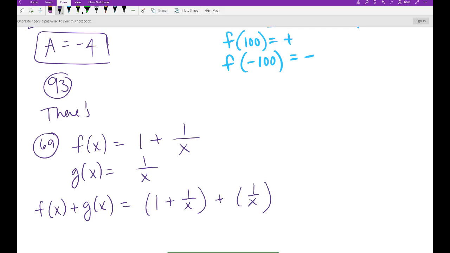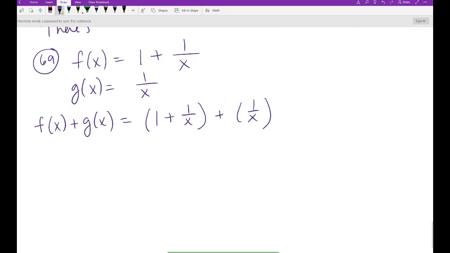Okay, but this has lots and lots of fractions. Would you agree? So when you're adding fractions, what must happen? When you add fractions, what do you have to do? Same denominator. This doesn't have a fraction, so can I put it over 1? Okay. What's a common denominator for that first set of parentheses?